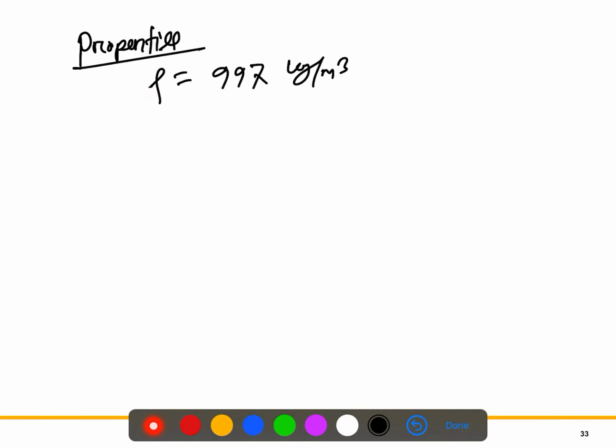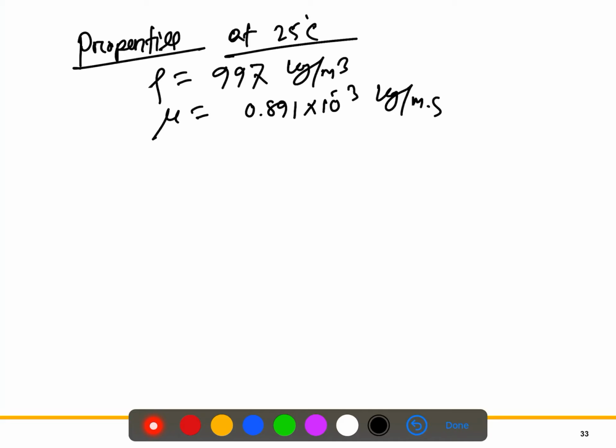So for properties, the density is 997 kg per meter cube, and the dynamic viscosity is 0.891 times 10 to the power minus 3 kg per meter second, at 25 degrees centigrade temperature.